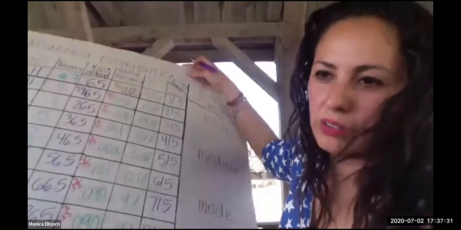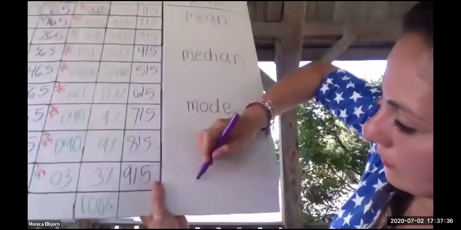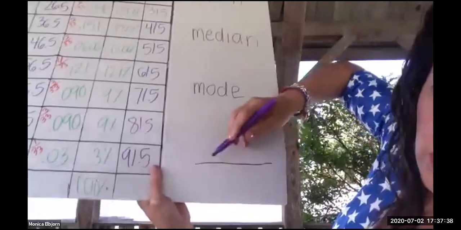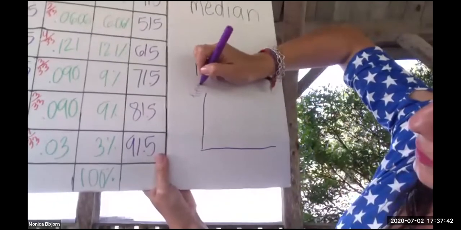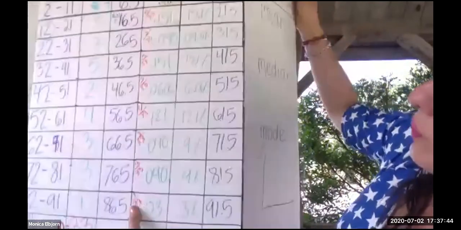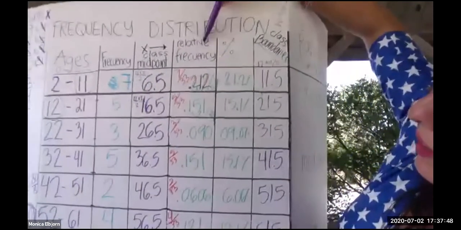Do you want me to build the histogram, or you guys? So just a quick question that I got on the histogram. So this is your X, and this is your Y. So this will be your frequency. You could graph it different ways. You have your relative frequency.